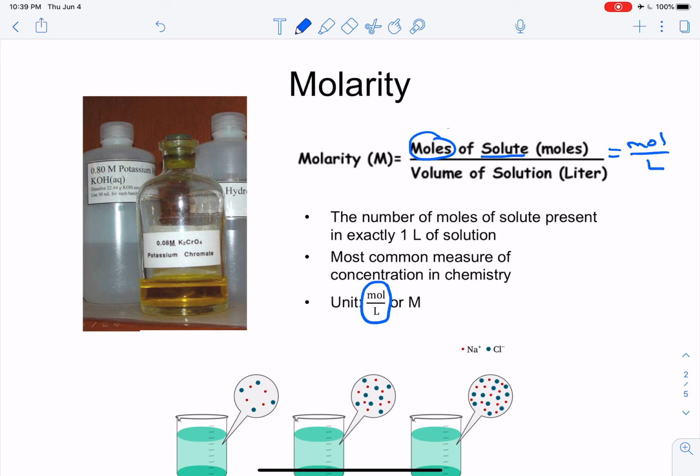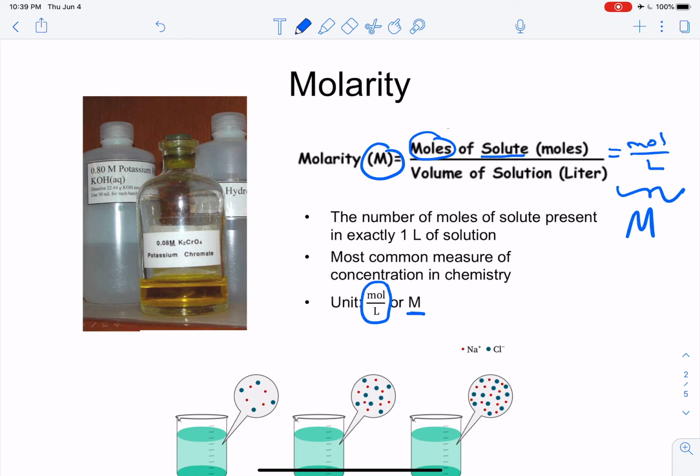Moles over liter. Now, how we can also symbolize that is with a big M. And you'll see that right here, and you'll see that right there. So you can use those two things interchangeably, mole over liter or the big M, which just means mole over liter. Okay, so it's the number of moles of our solute that are dissolved in 1 liter of solution.